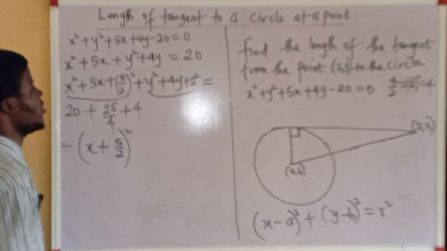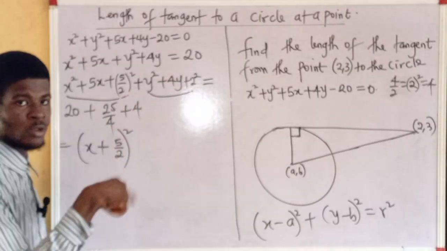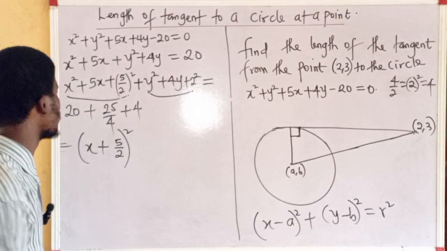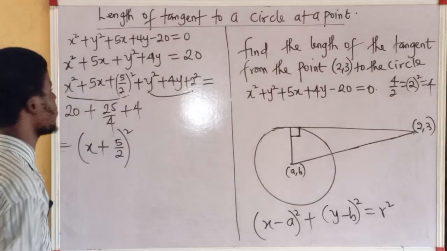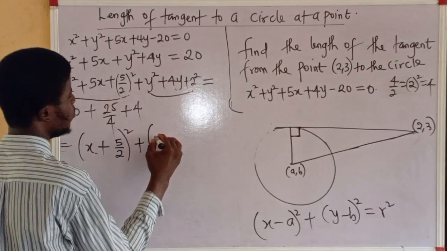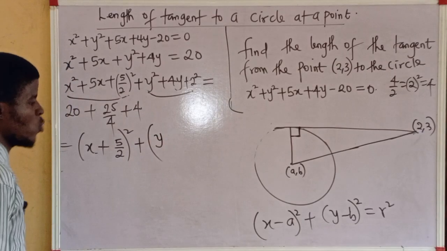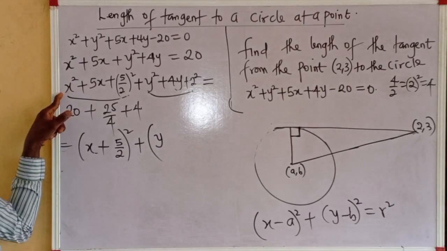If I had written 25 over 4, I would have taken the square root of 25 over 4, and that would still give me what? 5 over 2. That's why I left it this way. Plus, I'll take y, which is the square root of y squared. Here, I took x, the square root of x squared.